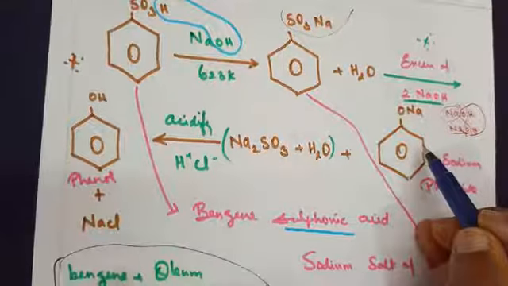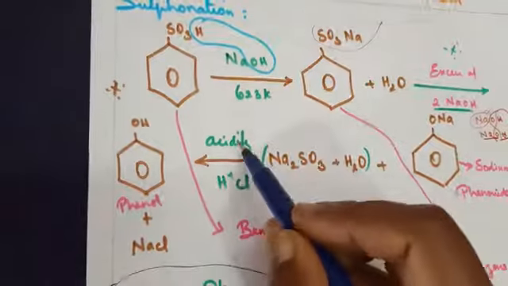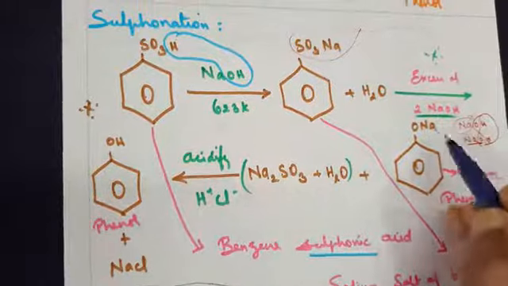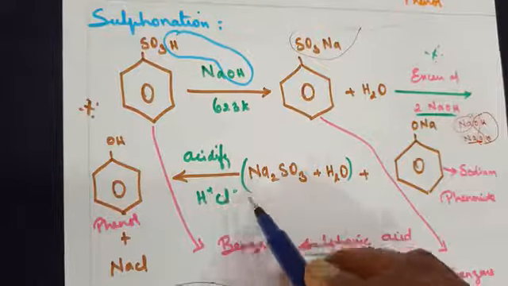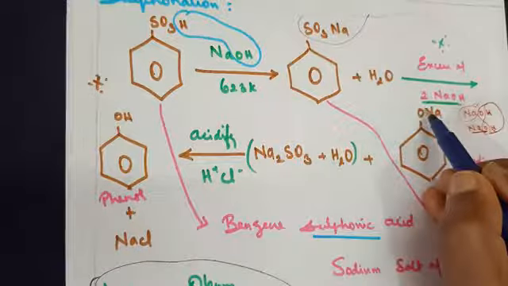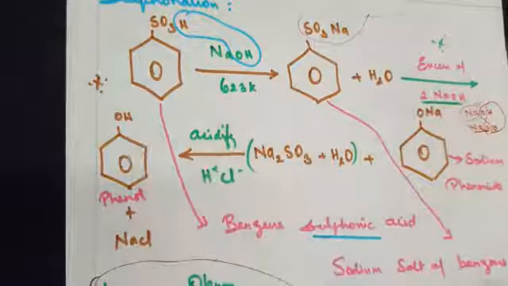This sodium phenoxide, as in the previous case, when we acidify it with H plus Cl minus, that's HCl, Na will combine with the Cl and goes out as NaCl. H plus will combine with the O minus, giving us the formation of phenol.